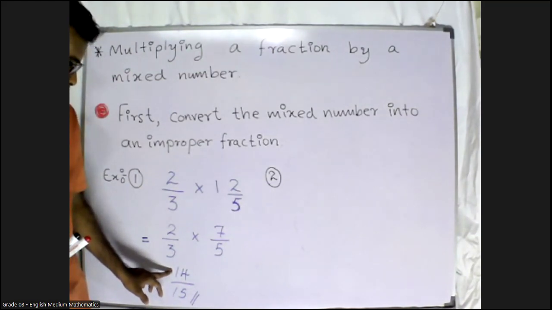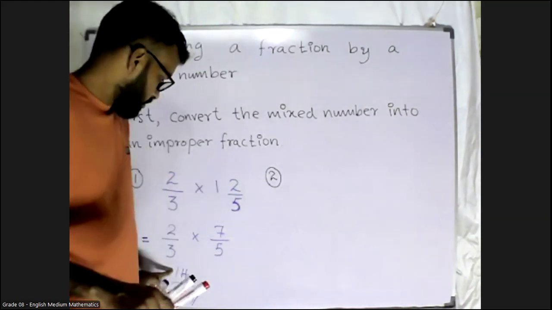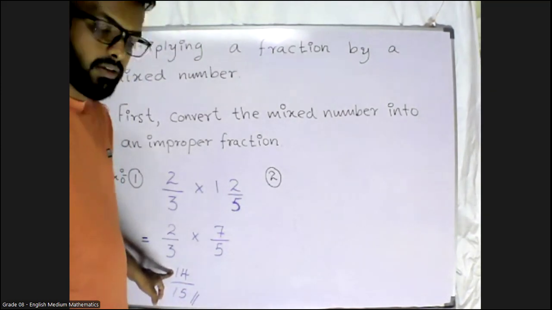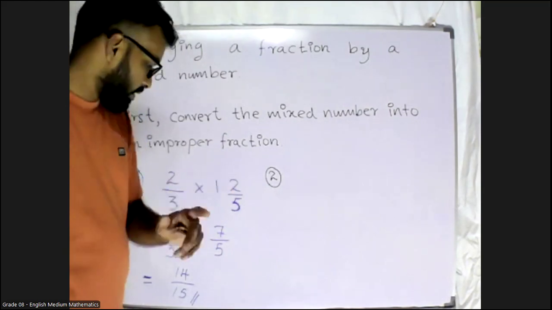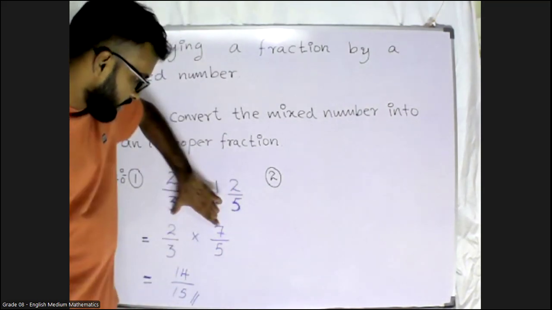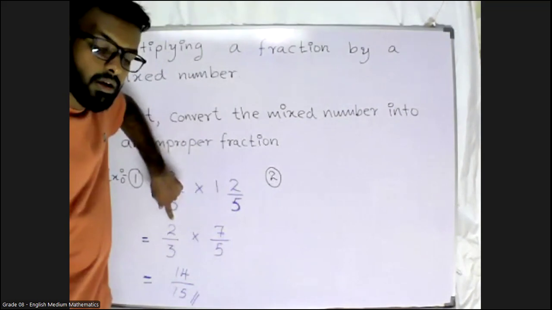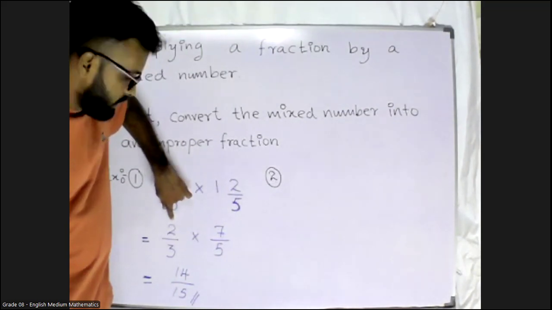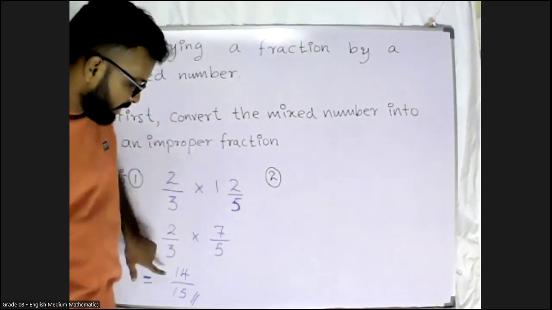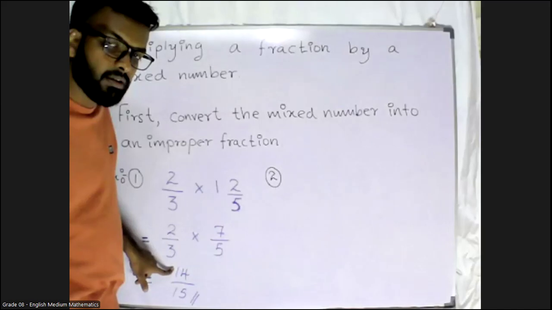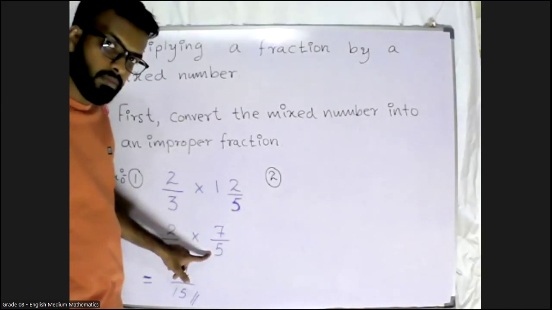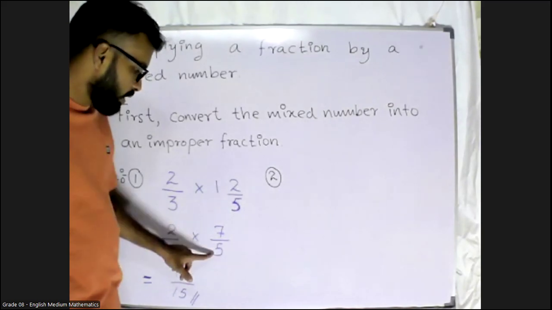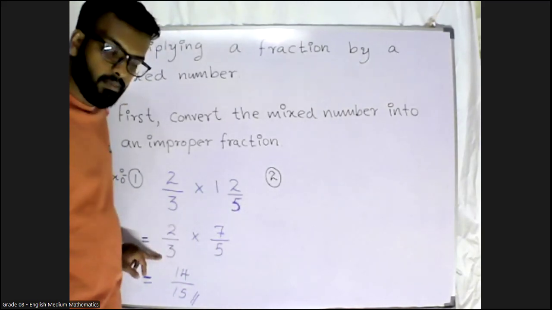I think you didn't get the point. I can't understand, Veronica, what you are asking. Here in the numerators you have 7 and 2. If you multiply 7 and 2, you will get 14 in the numerator. In the denominator you have 3 and 5, and you have to multiply them together.